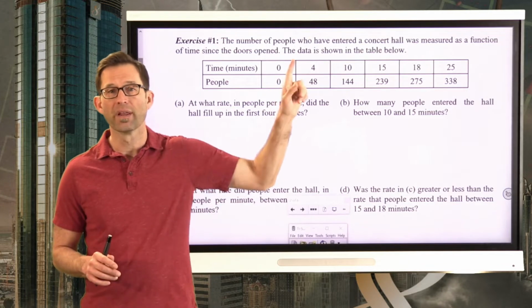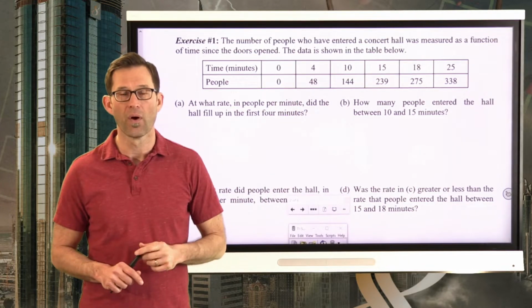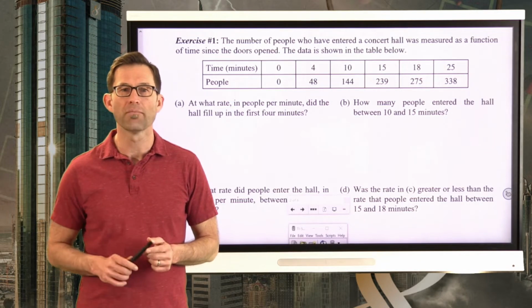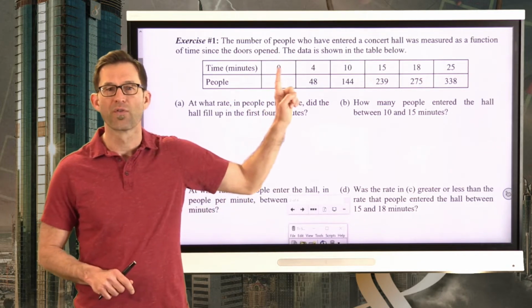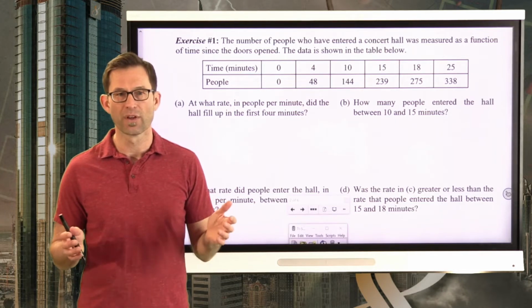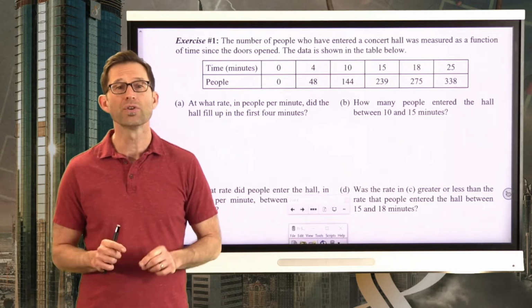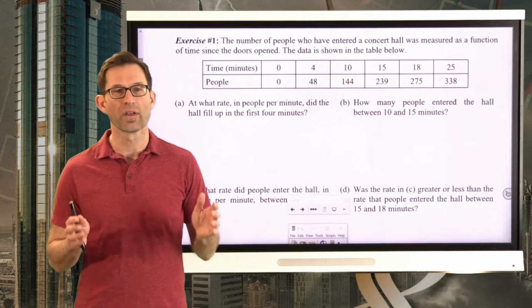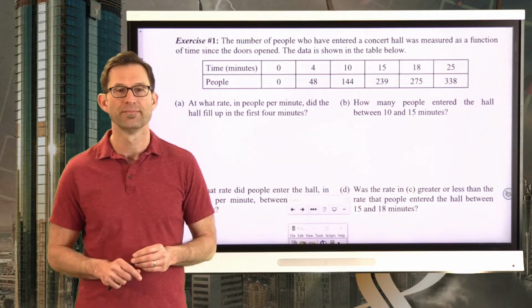Then at 4 minutes, there are 48 people in the hall. I'd like you to pause the video now and figure out at what rate people entered the hall over those first 4 minutes. Also, make sure to include proper units because the units are key when we look at average rate of change.